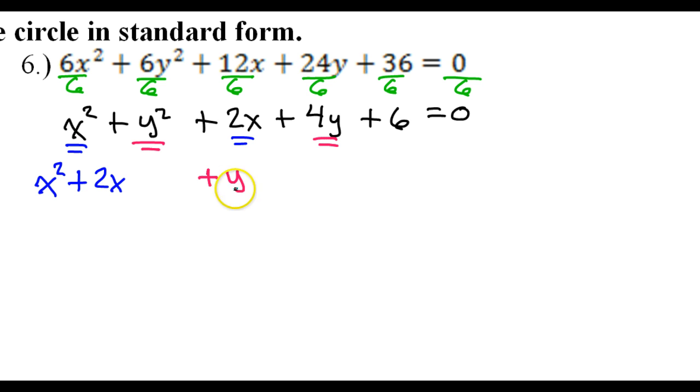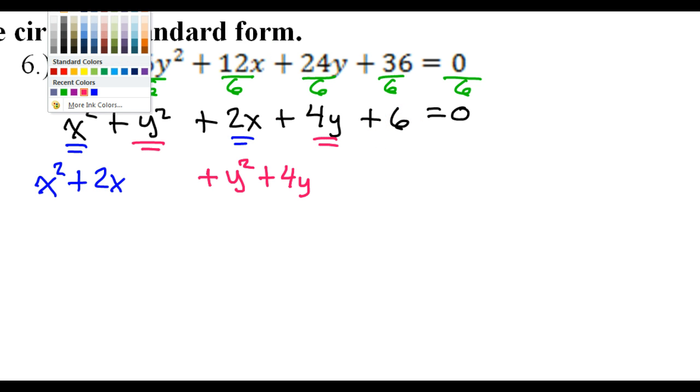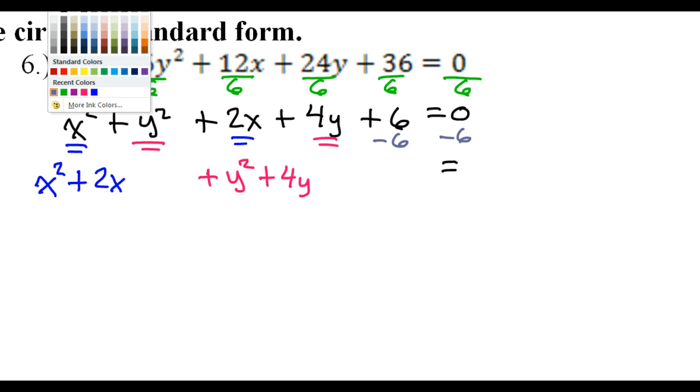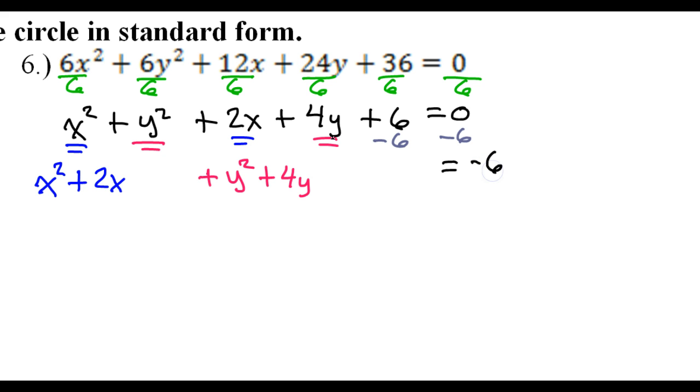So I'm going to have plus y squared plus 4y. Now I've still got my plus 6 equals 0. So actually, let me deal with that now. I changed my mind. Let's subtract that 6 from both sides before we go any further. So I will have this negative 6 over there.